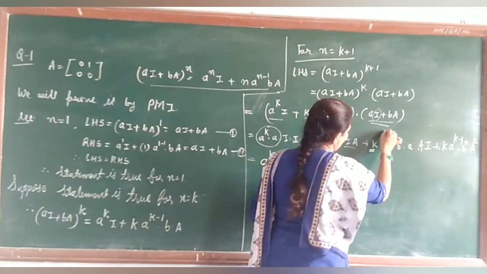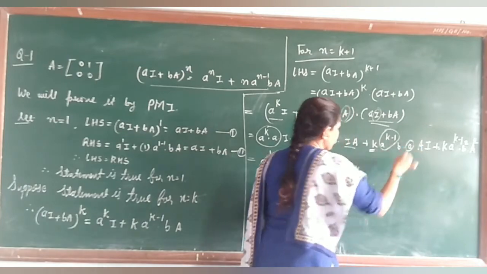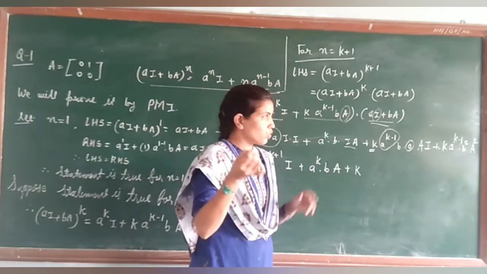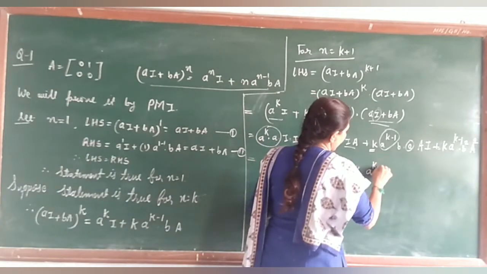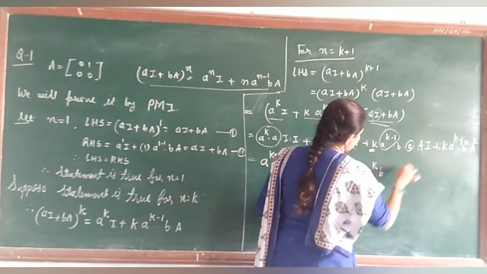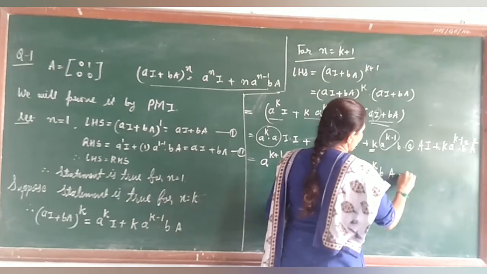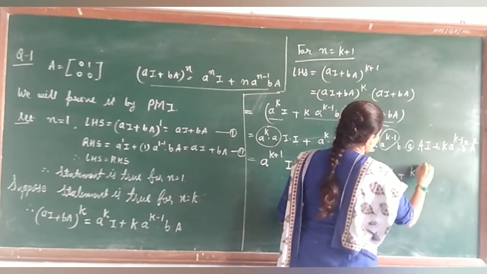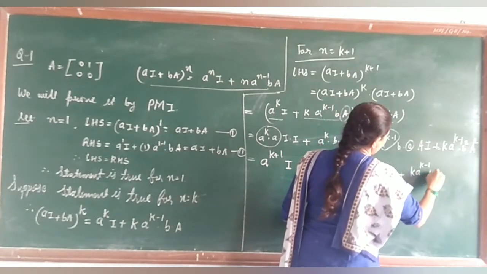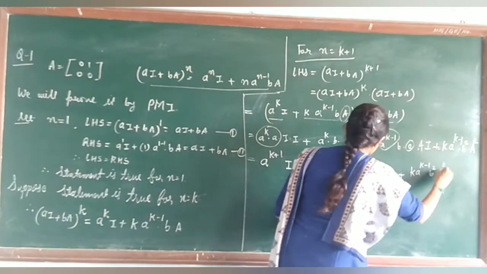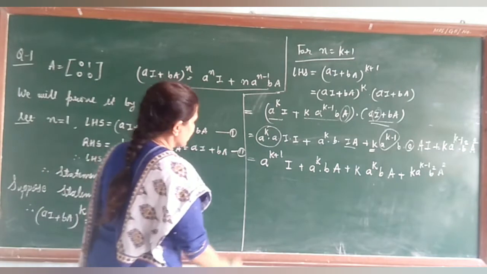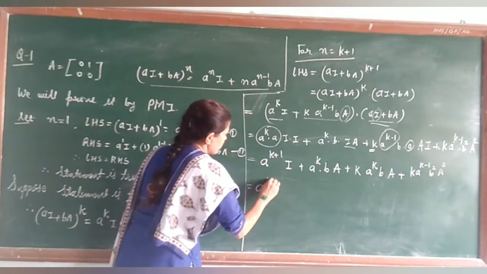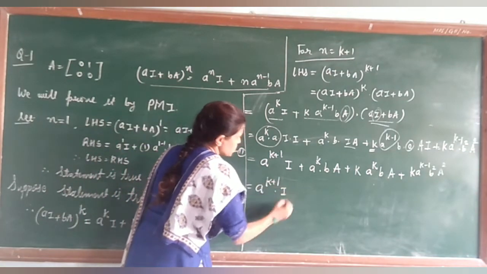Then a के लिए क्या होगा, तो कि a raised to k minus 1 and a. तो पावर अभी ऐड करो, k minus 1 plus 1, so it is k. So a raised to k b A into I, that is A plus k a raised to k minus 1 b square into A square. और कुछ है हमारे पास जो सिंप्लीफिकेशन हो सके? Yes, here we can write down a raised to k plus 1 into I.